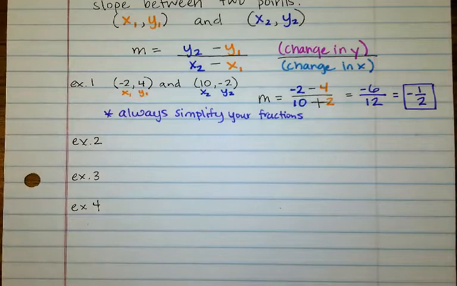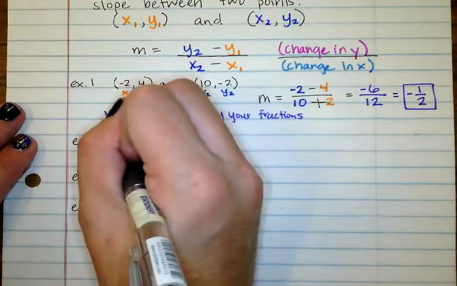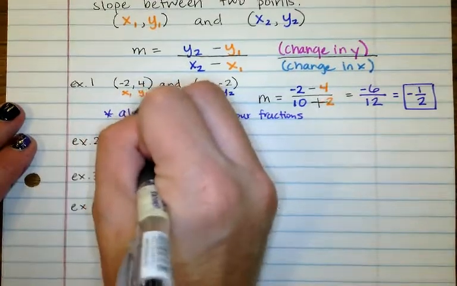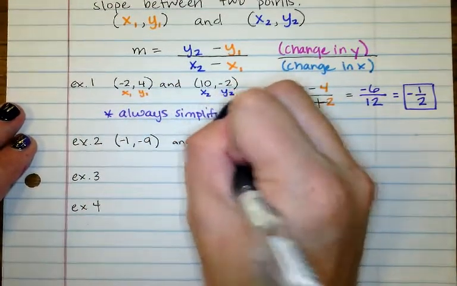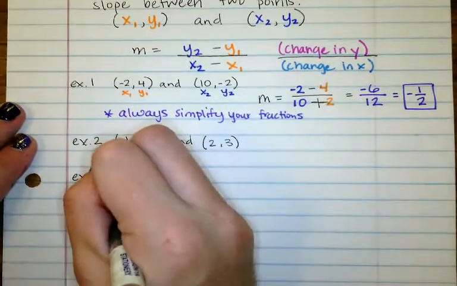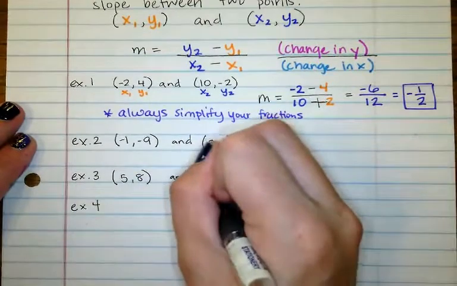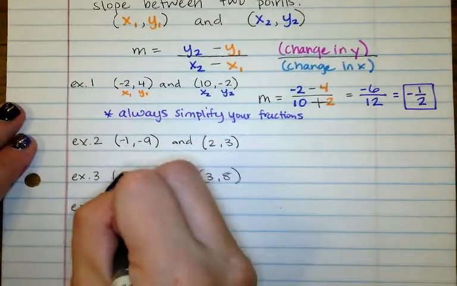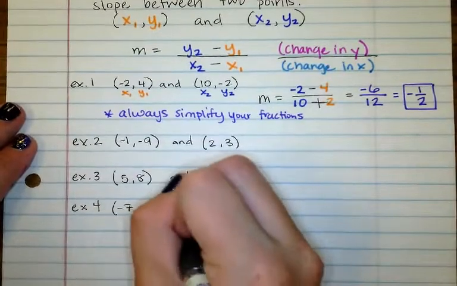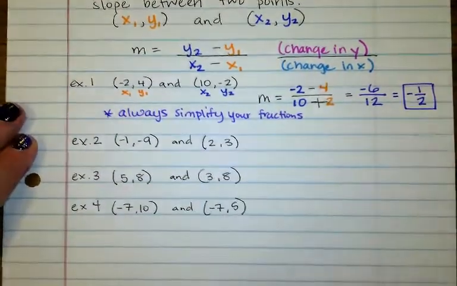So we're going to have -1, -9, and 2, 3. And then we're going to have 5, 8, and 3/8. And last but certainly not least, -7, 10, and -7, 5. All right, guys, so I want you to find those slopes between those 2 points.